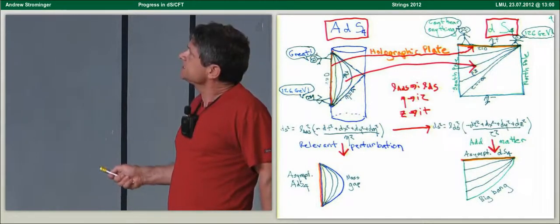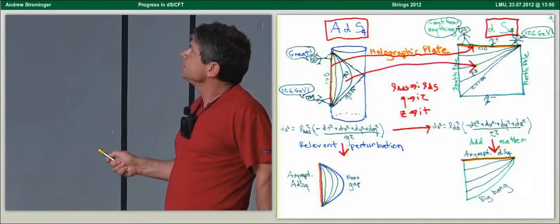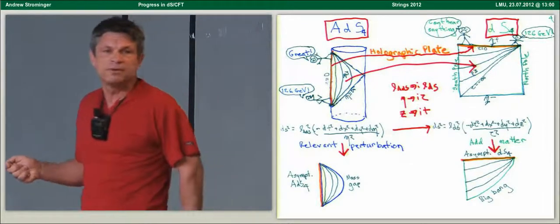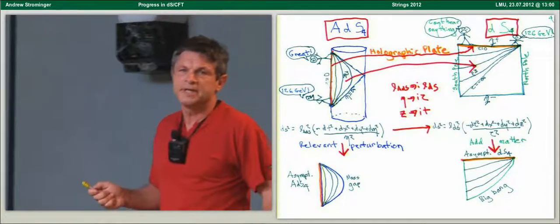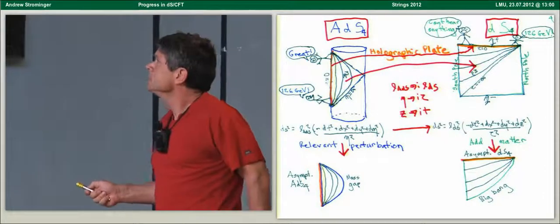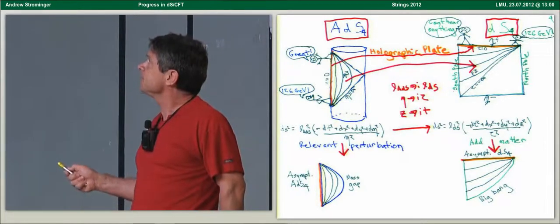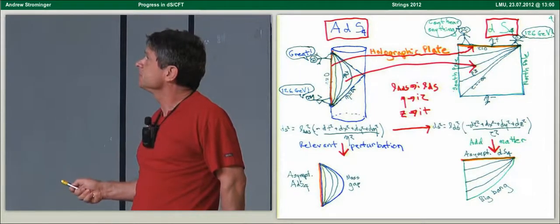Similarly, in anti-de Sitter space, if you add a relevant perturbation, you lose the global conformal invariance, so that it's no longer exactly conformally invariant. If it's only conformally invariant in the UV, then if you add a relevant perturbation which produces a mass gap, you'll find that if you move in the radial direction, the space-time comes to an end in one form or another.